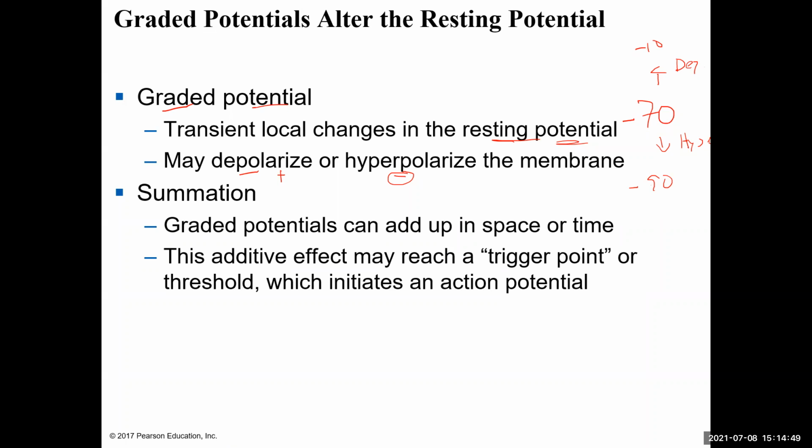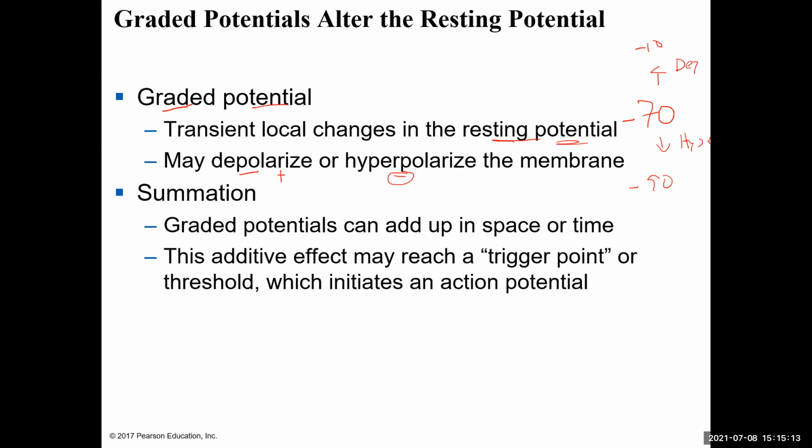But we can get either a strong stimulus or several stimuli in a row that lead to several graded potentials that occur relatively quickly, either in space or time. And so they're adding together.